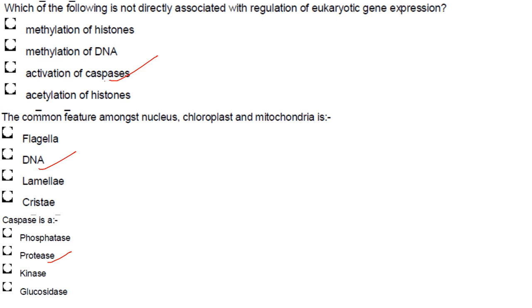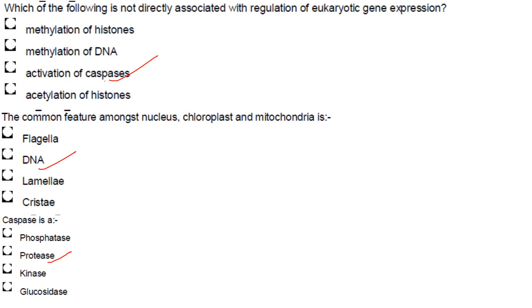Coming to the next question: which of the following is not directly associated with regulation of eukaryotic gene expression? Methylation of histone. Methylation of DNA results in the gene being turned off, and thus the protein made from the gene is not produced.